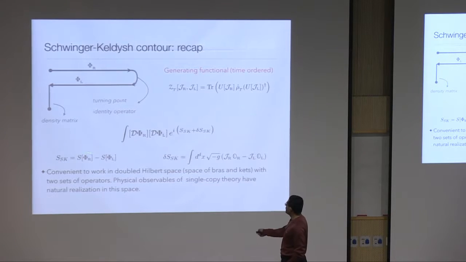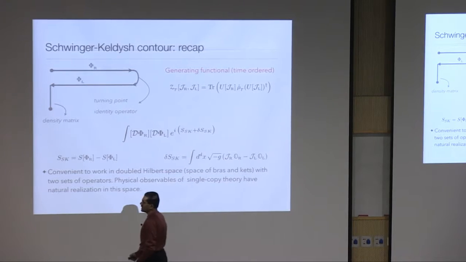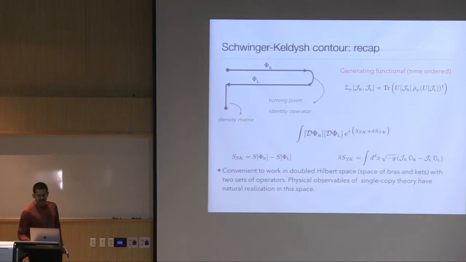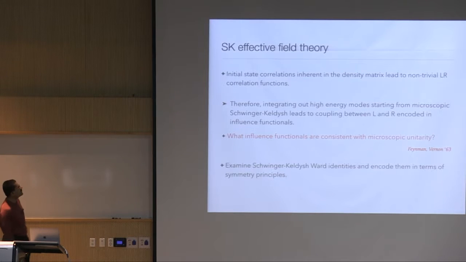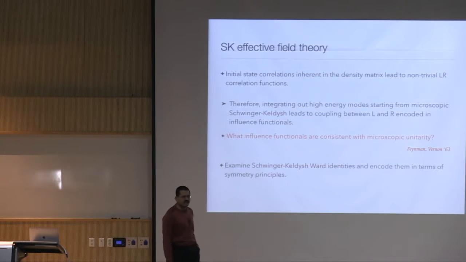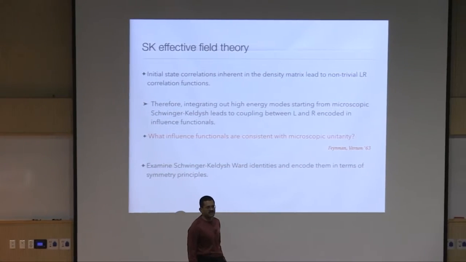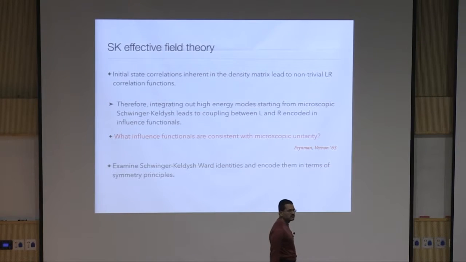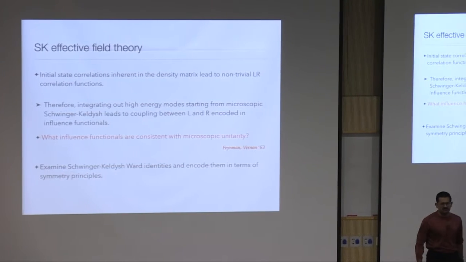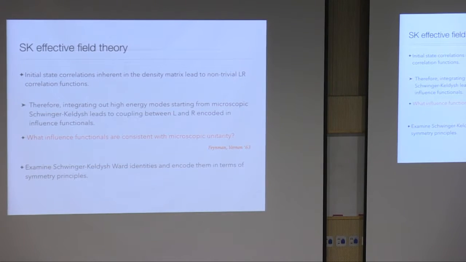So the low energy theory will not have this form. It will have this form for the IR modes plus some interaction piece between the left and right IR modes. Okay? And your task is to be able to convince yourself what is allowed for those left-right coupled IR modes. And that's what these folks call influence functionals. And the real question is, what influence functionals are consistent with microscopic unitarity? Because an arbitrary influence functional would not respect microscopic unitarity, and I'll show you one way of implementing it quite efficiently.